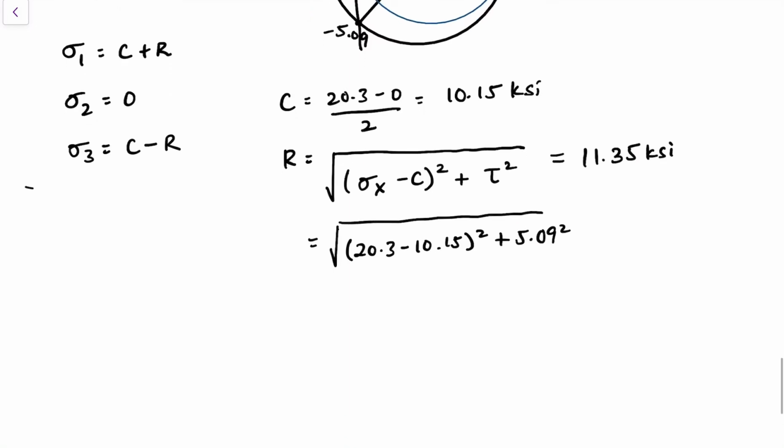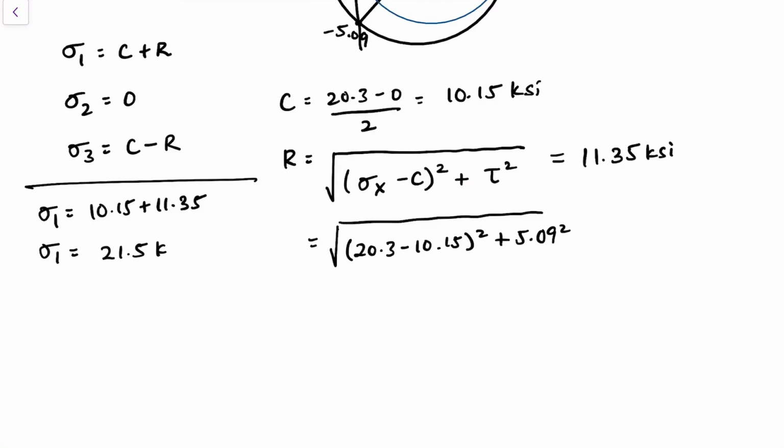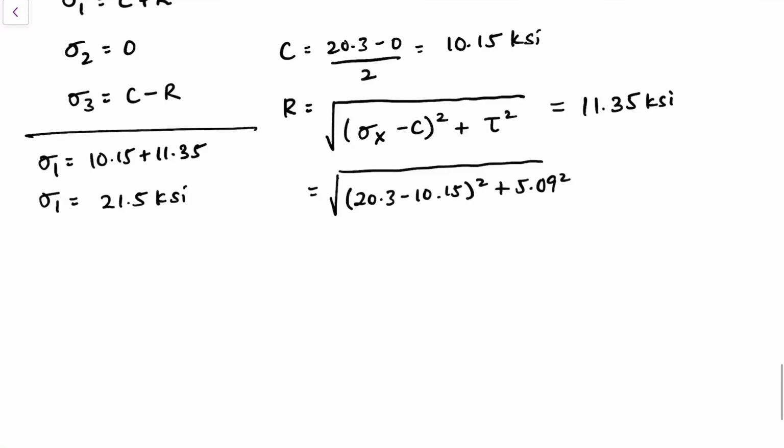So again, now I can compute sigma 1 and sigma 3. Sigma 1 is 10.15 plus 11.35, so sigma 1 is equal to 21.5 ksi. Sigma 2 is 0.